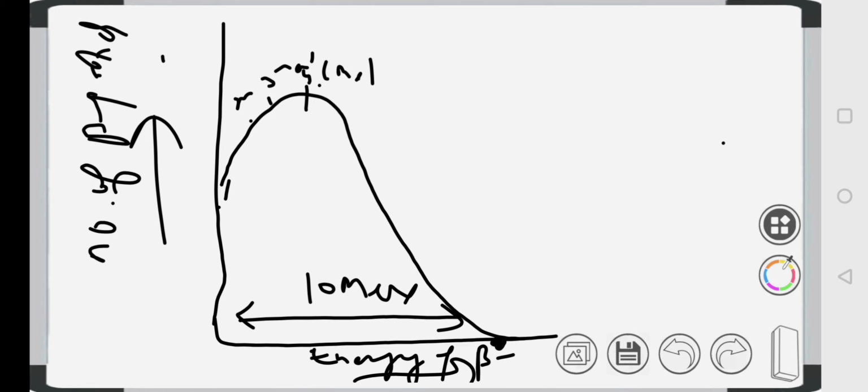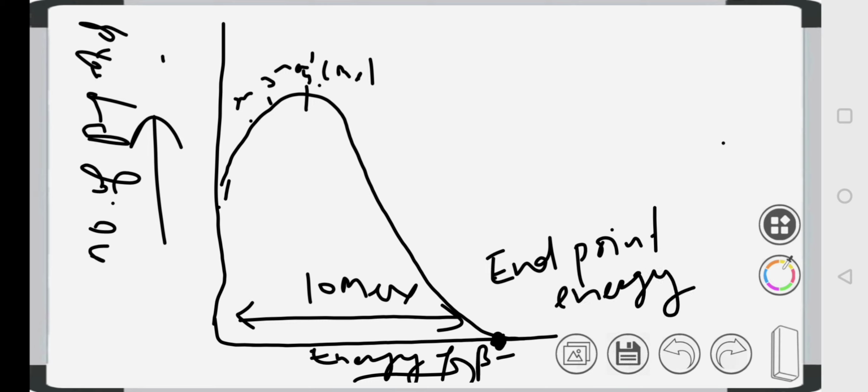When we see at this point, here it is end point energy. It is the maximum energy possessed by the beta particle when almost negligible amount of energy is shared by the neutrino particle.